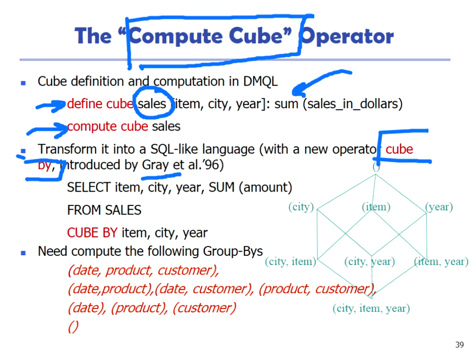So when we write CUBE BY, we need to compute group by date, product, customer. After that, group by date, product, group by date, customer, group by product, customer, group by date, group by product, group by customer. Is it clear?